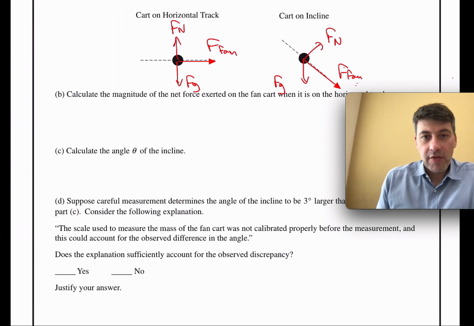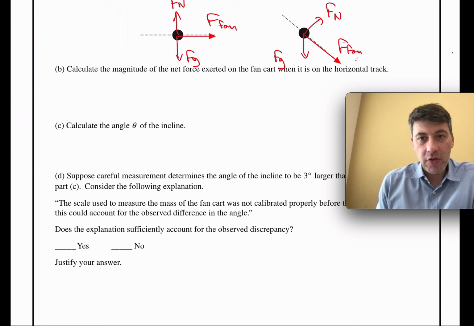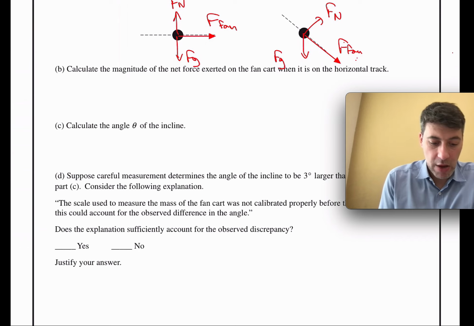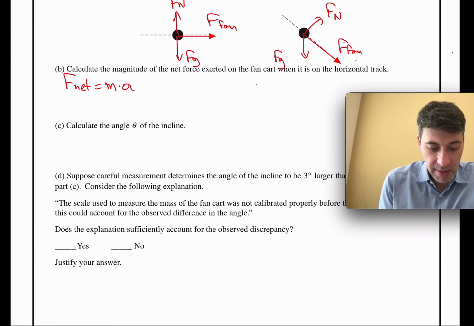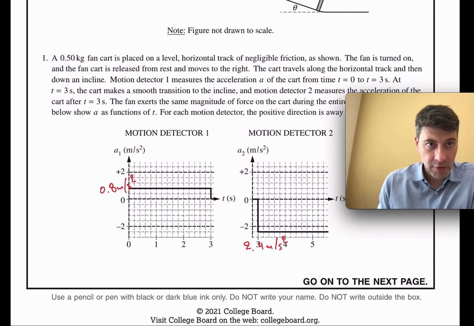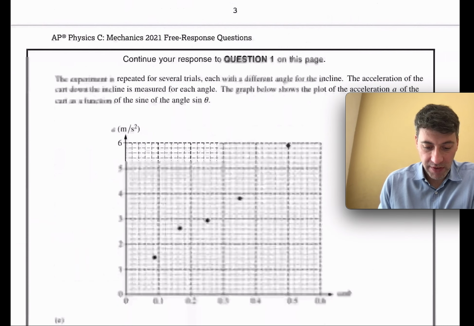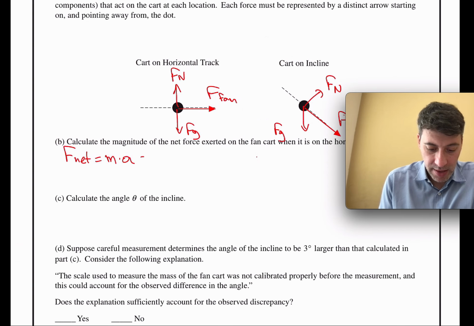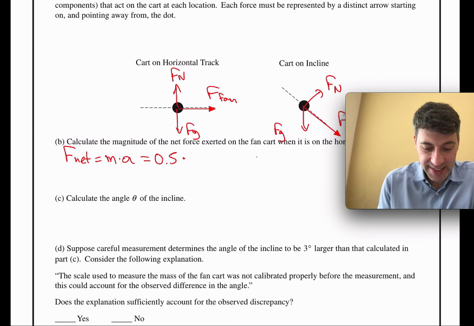Then we need to find the net force exerted on the fan cart as it is moving on the horizontal track. I would also say quite simple, F net is equal to mass multiplied by acceleration. My guess is that the value of the mass is given somewhere. Indeed, it is 0.5 kg. So 0.5 multiplied by the acceleration, that was 0.8. So the F net is 0.4 newton.